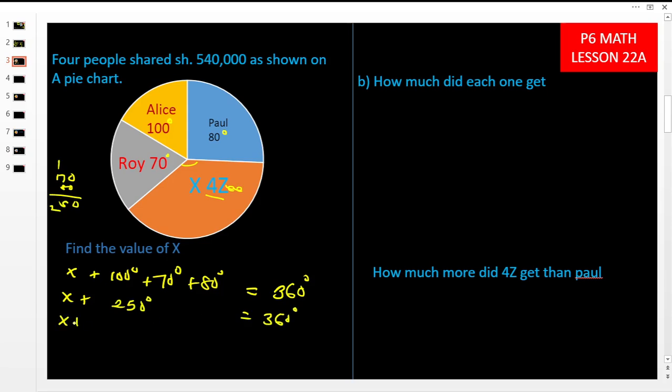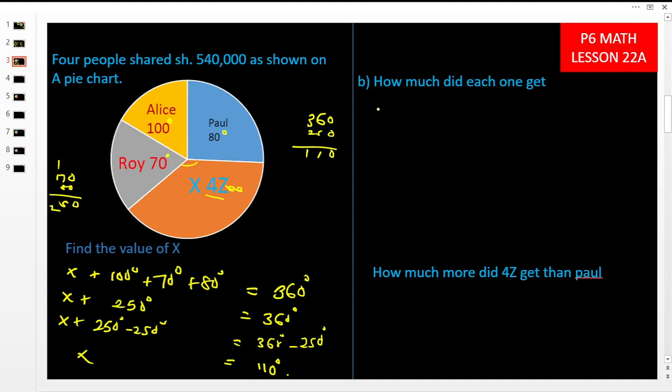So X plus 250 minus 250 gives us 360 minus 250. So X is 360 take away 250, which is equivalent to 110 degrees.